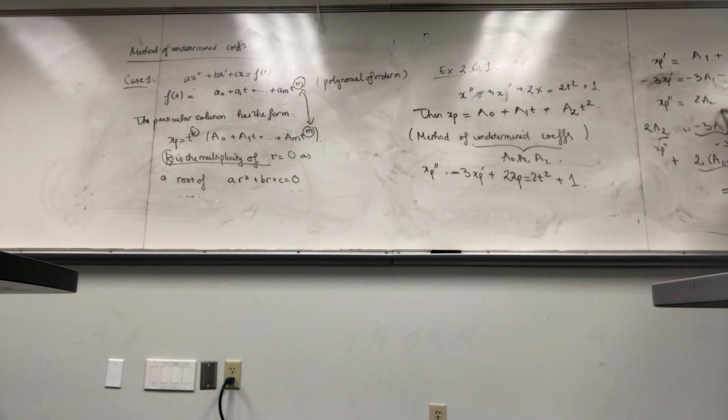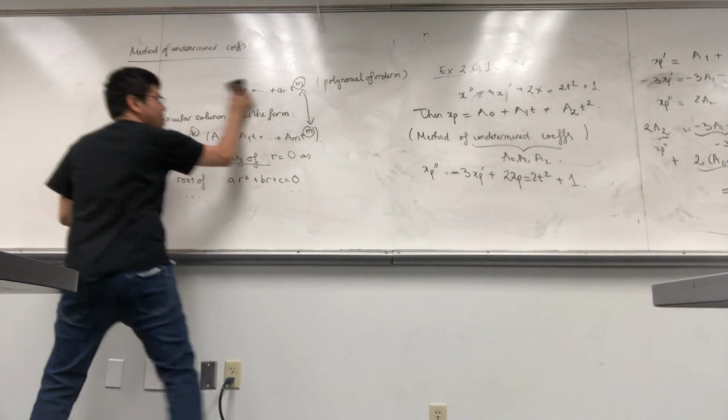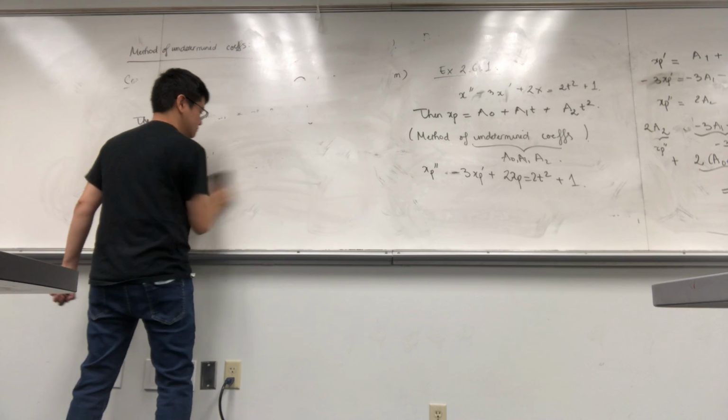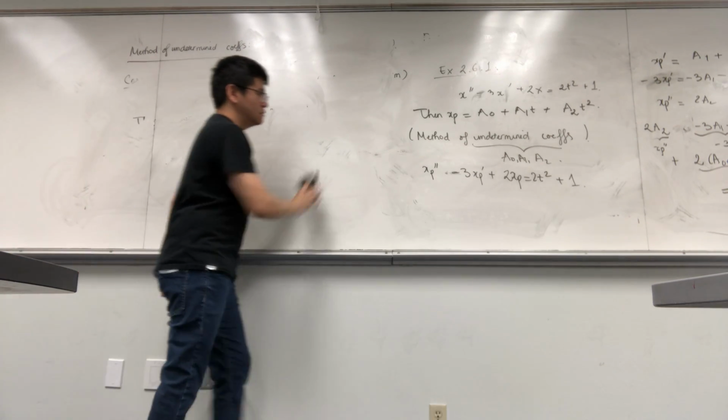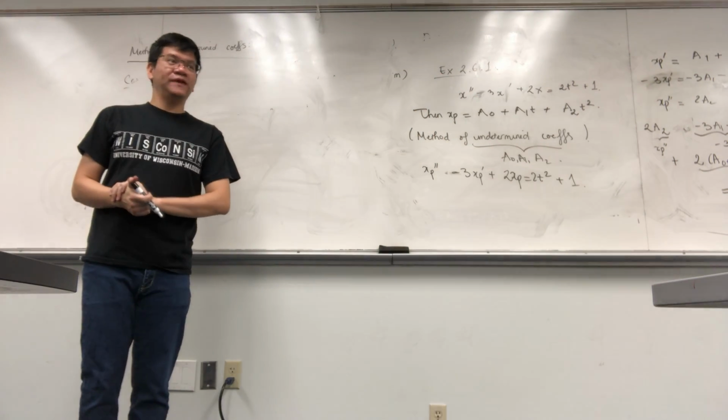So I replace everything: xp second by 2a2, minus 3xp prime by minus 3a1 minus 6a2t, and 2xp by 2 times a0 plus a1t plus a2t squared, and everything equals 2t squared plus 1. Any questions? So, the next step, what should I do?